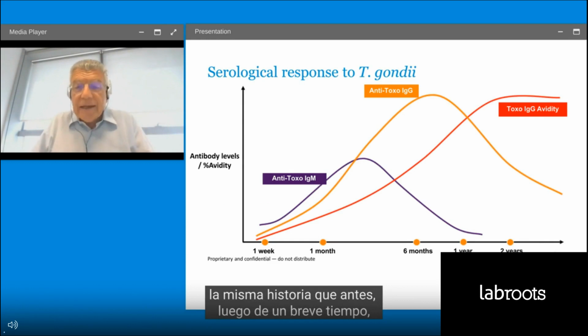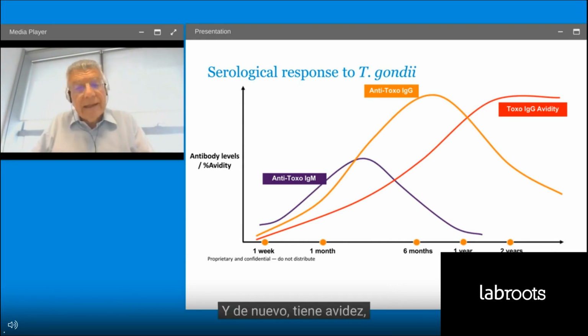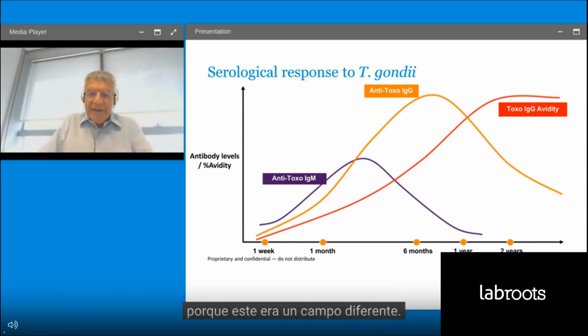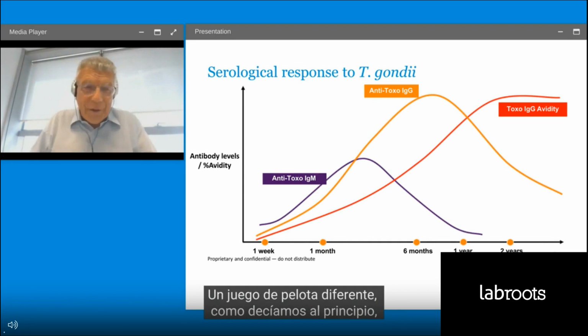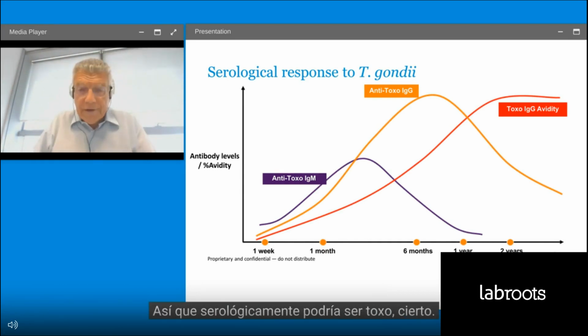Then after a short lag of time, you have the development of IgG, and then again you have the avidity that was not used in that case because this was a different field, a different ball game, as we said at the beginning. So it could be toxo, serologically, right?